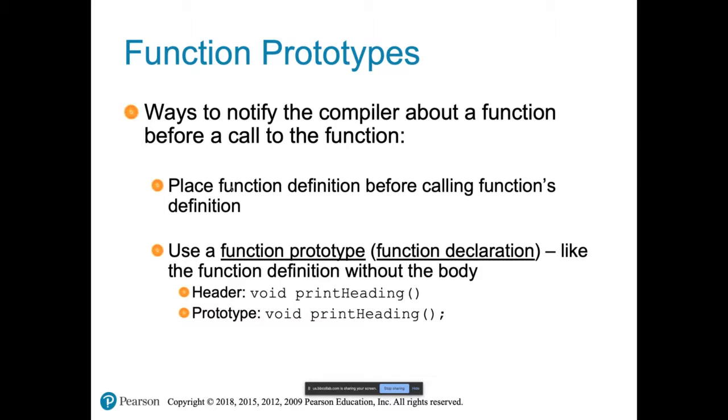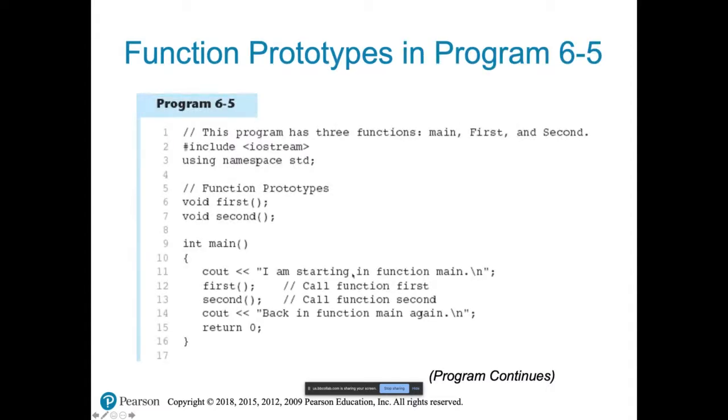Use a function prototype declaration like the function header. This is the header, and then this is the prototype. As you can see in this example, the prototypes go before main to tell the C++ program, here is my function, almost like variables that you know exist before I use them.